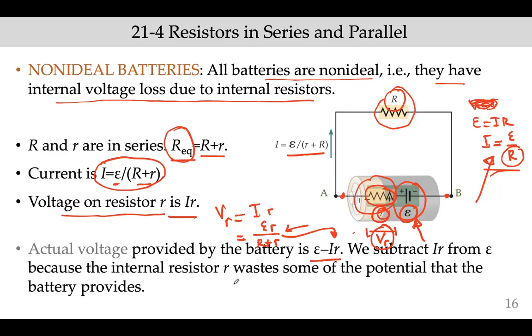So the actual voltage will be less than epsilon. We subtract Ir from epsilon because the internal resistance r wastes some of the potential that the battery provides. The battery provides epsilon, but this internal resistance eats up some of that potential, so at the end of the day, you get epsilon minus I lowercase r.